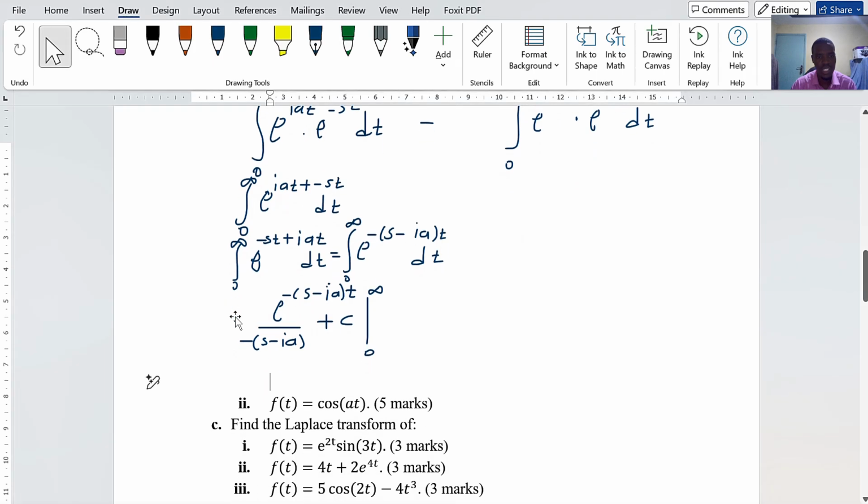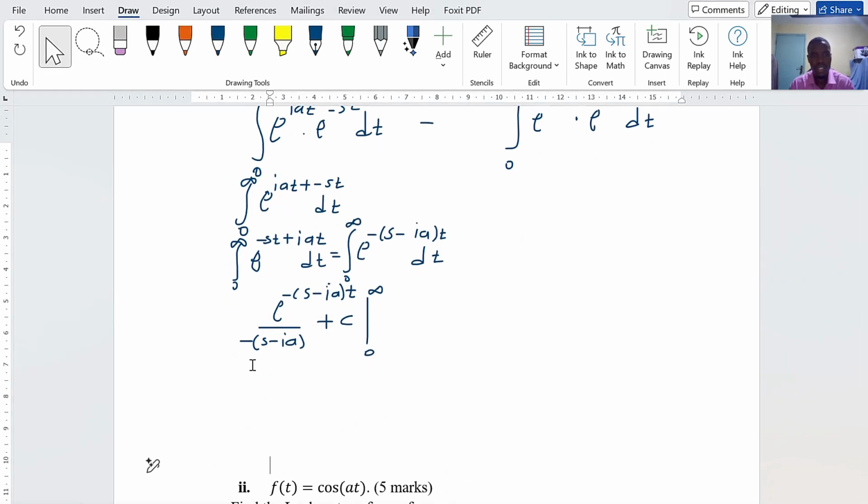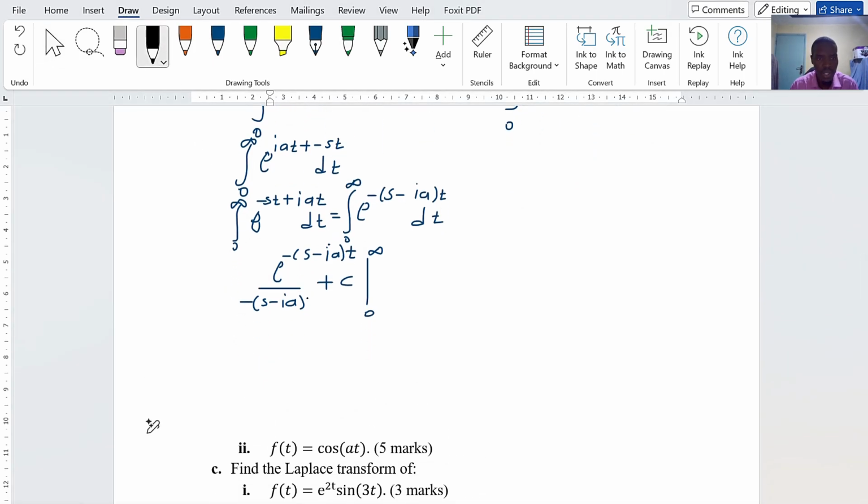Now we are good with this, because when you substitute infinity, the term vanishes. So we don't need to repeat that.